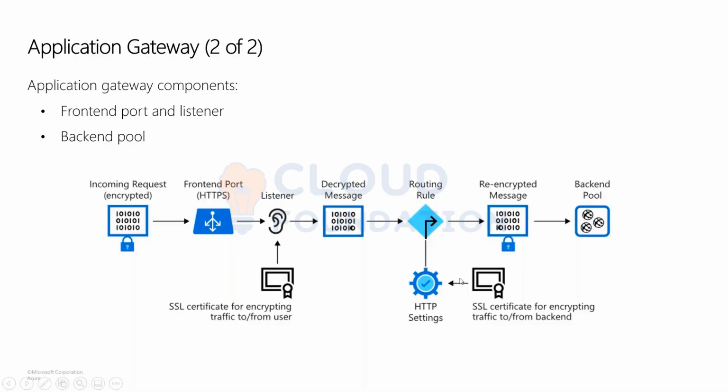All communications behind the scenes would be using HTTP rather than HTTPS. What you can do is offloading of sessions, or offloading of HTTPS, for faster communications within your backend environment. These things you can configure as part of your application gateway.